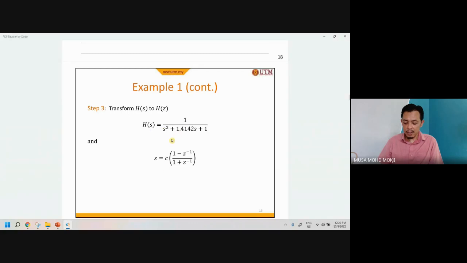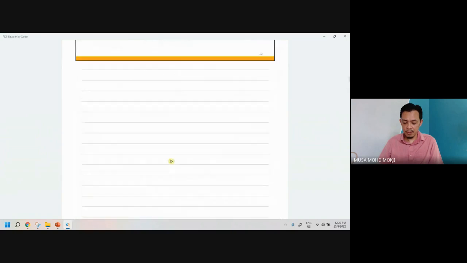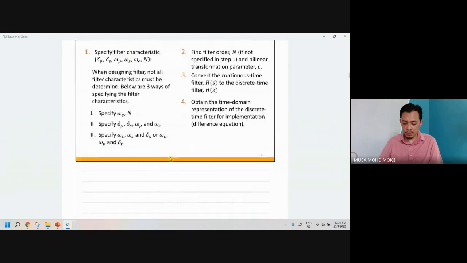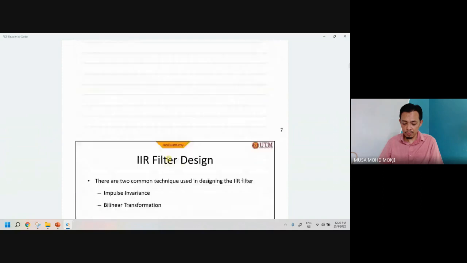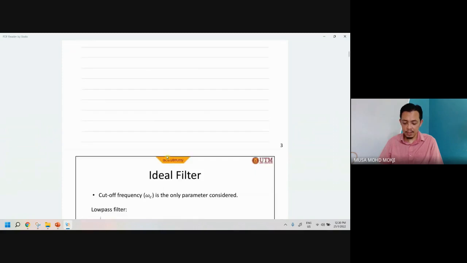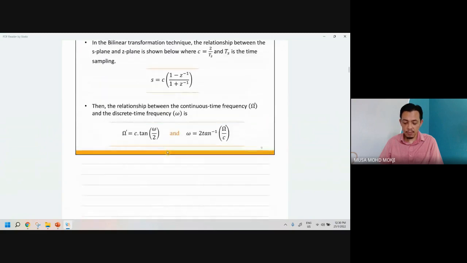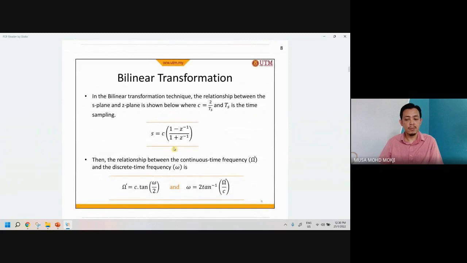So then, this is the relationship that we have previously. The one that I have shown you, we have 2 relationships. One is on the s and z plane, and the other one is the frequency relationship. So in example 1, I try to show that this is actually the original solution.